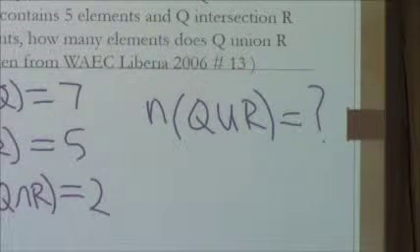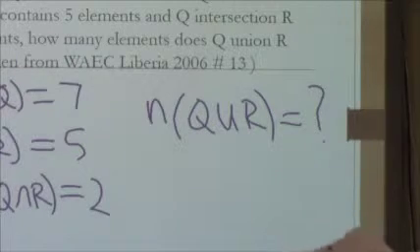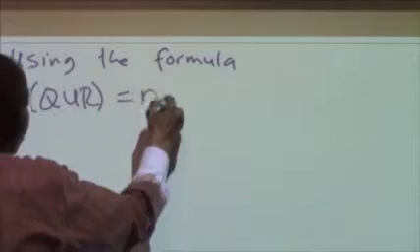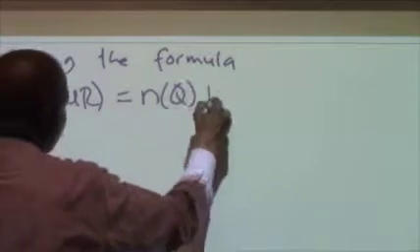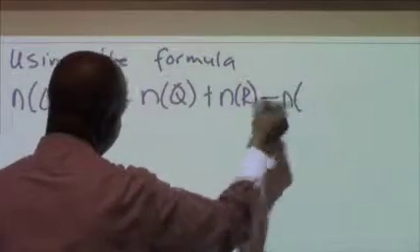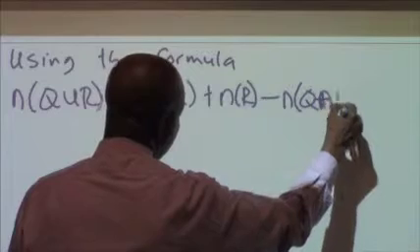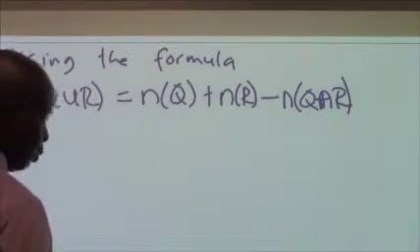We'll use a Venn diagram, and we can also use a formula, and I'm going to do it both ways. The number of elements in Q union R will be equal to the number of elements in Q plus the number of elements in R minus the number of elements in the overlap, because you don't want to double count them.